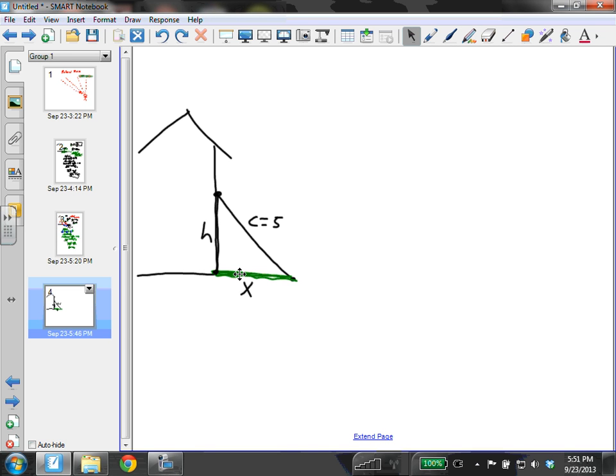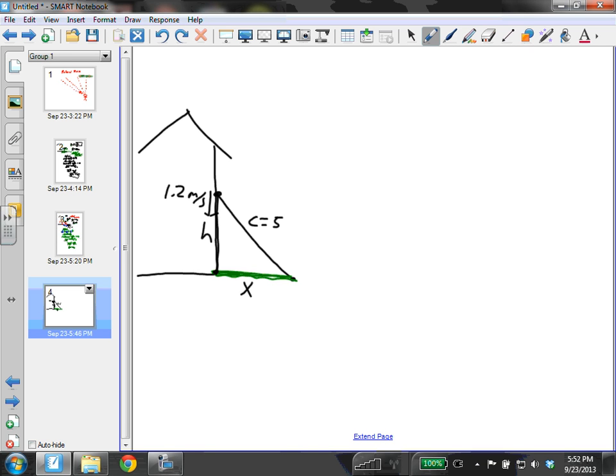Number 10 says, suppose that the top is sliding down the wall at a rate of 1.2 meters per second. Now, if the top is sliding down the wall at 1.2 meters per second, once again, I want to point out that 1.2 meters per second is a rate. Your book even says it.